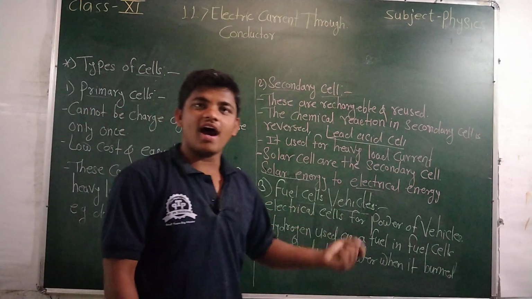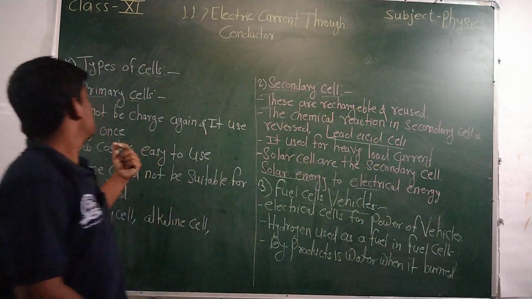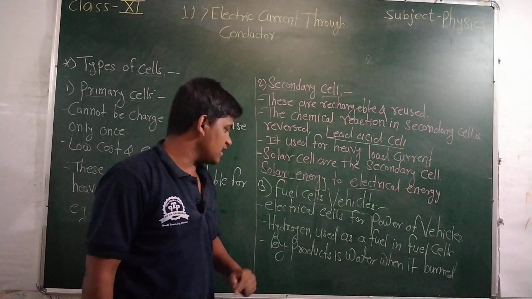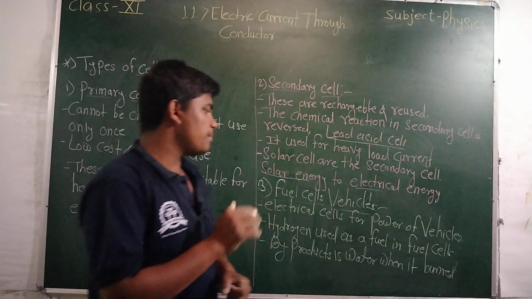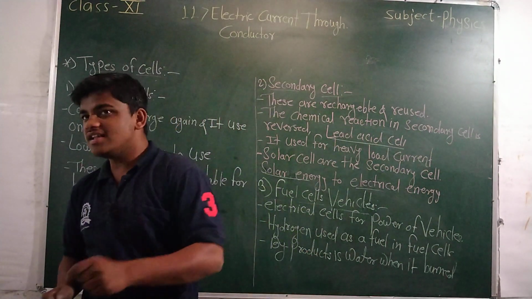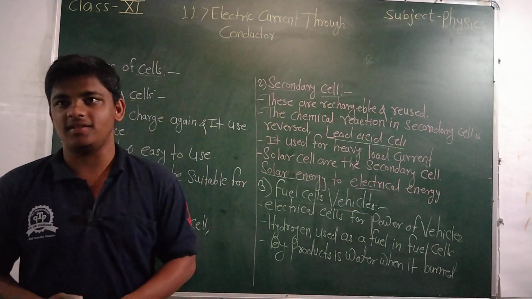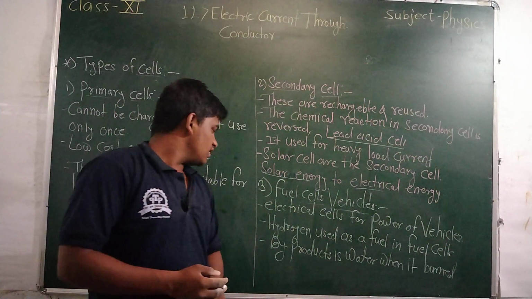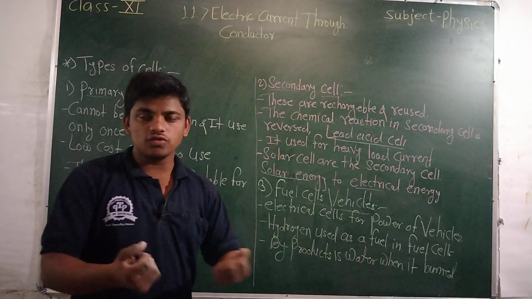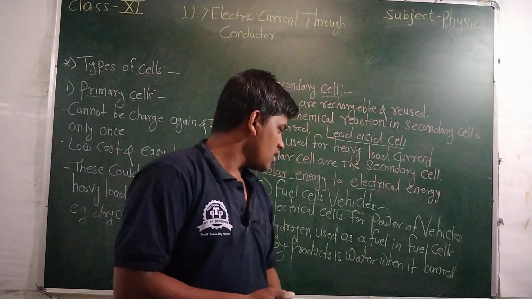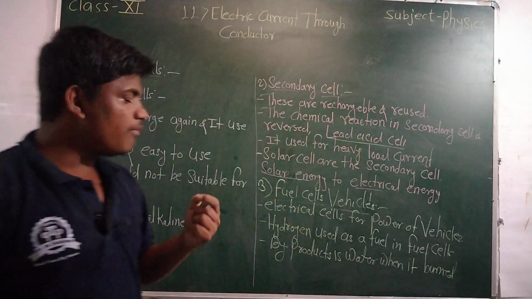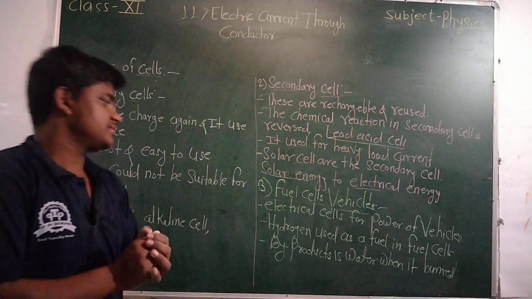The third and last type is fuel cells for vehicles, which are used instead of the lead acid battery for the power of vehicles. Hydrogen is used as a fuel, and the byproduct is water when it burns after the reactions. It is more environmentally friendly.